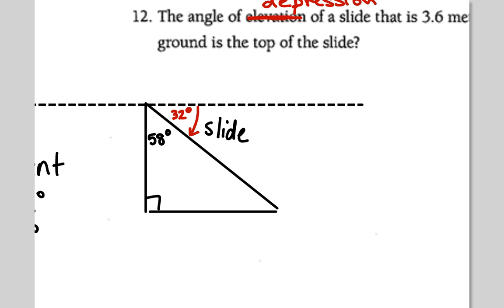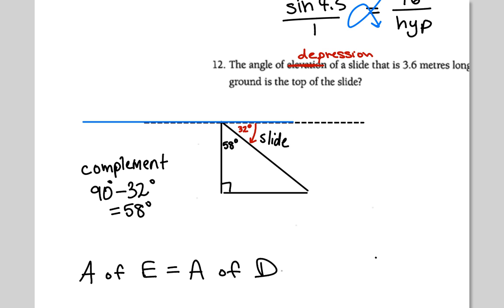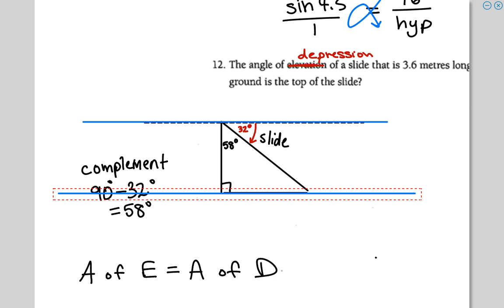And in fact, an interesting tidbit is that the angle of elevation equals the angle of depression. And that's also from chapter 5, if you recall, parallel lines and a transversal. So parallel line, and a transversal.